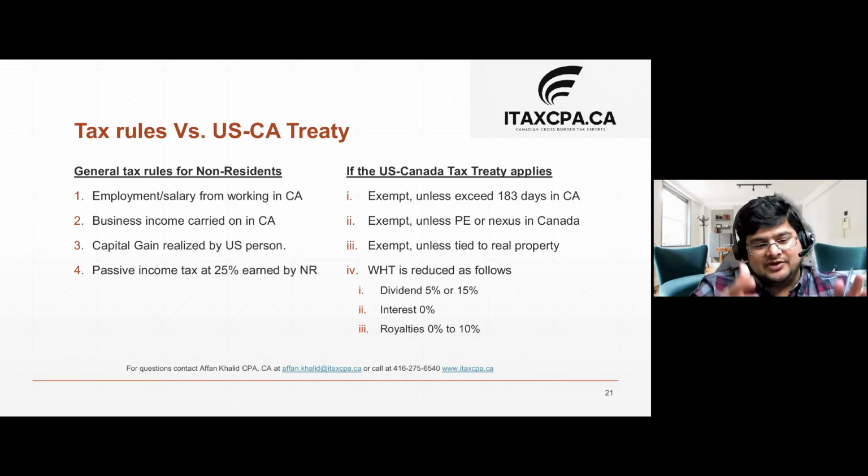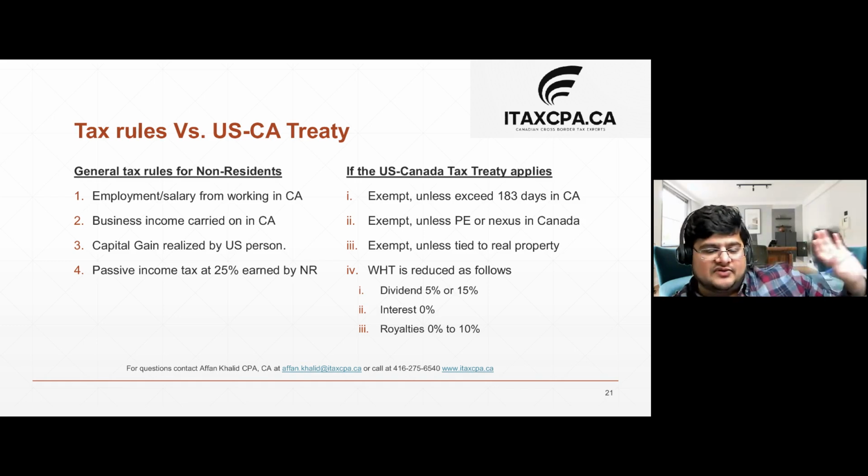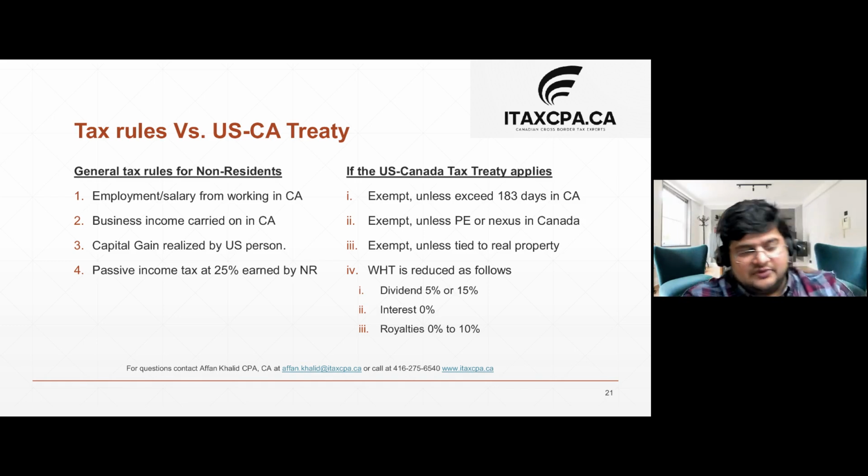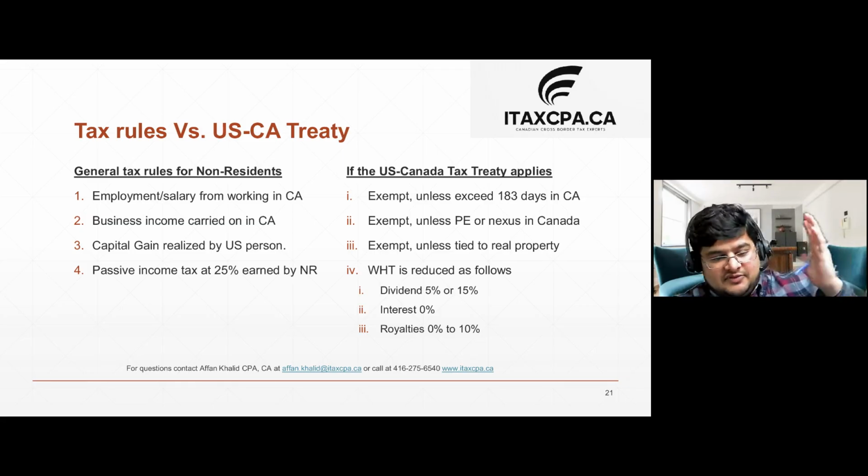You can see how the treaty really provides a lot of protection and gives you benefits. So if the US Canada treaty applies, then any employment income is exempt from tax unless the US person is in Canada for more than 183 days. For business income, if it's a US company, your business income is exempt from tax in Canada unless you have a PE or nexus in Canada.